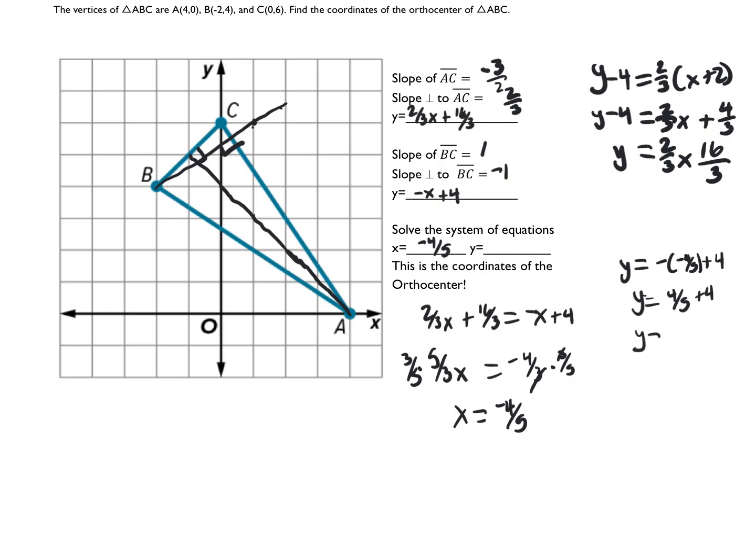So our y is 4 4/5, or we could say 24/5. Now 4 4/5 is between 4 and 5. Negative 4/5 is between negative 1 and 0. So if you look at our point of intersection, it does make sense that that would be the coordinates of our orthocenter. So that is how we find the orthocenter.